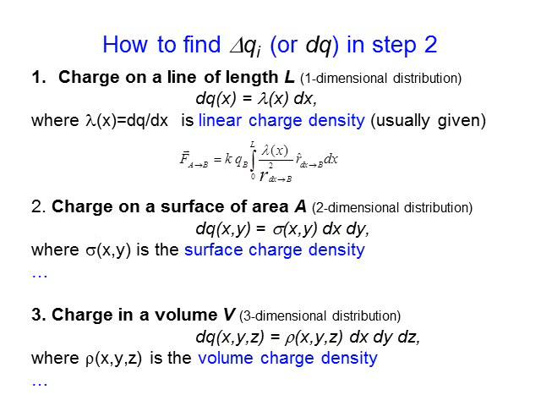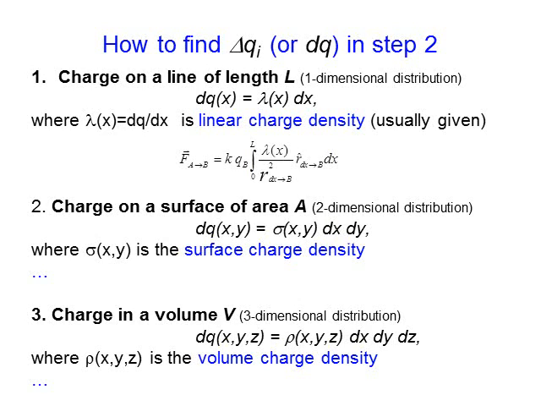Similarly, if a charge distribution is spread on a two-dimensional surface, it is described by a two-dimensional surface charge density sigma that depends on x and y. So the element dq is equal to sigma at x and y multiplied by dx dy.